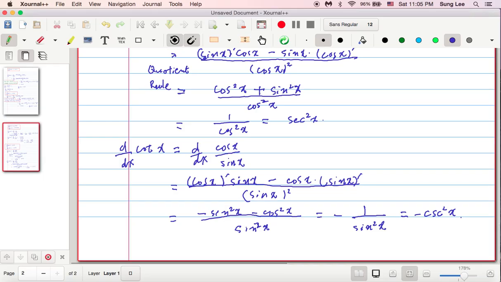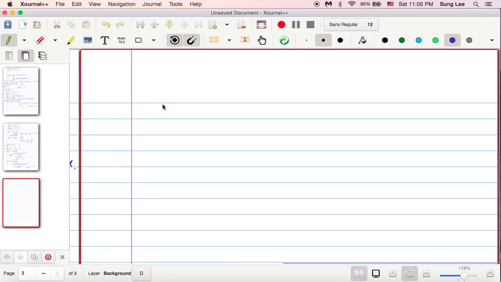Okay, good. Actually, there's another way we can also calculate the derivative of cotangent x. This is another way you can do it. So d/dx of cotangent x, right? Note that cotangent is the reciprocal of tangent.